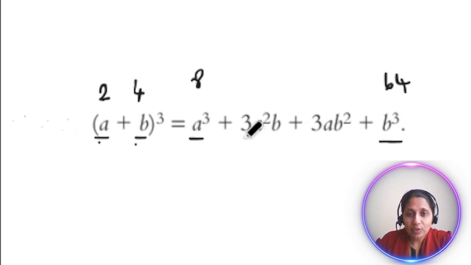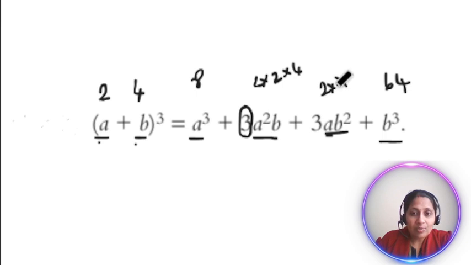Then you have to do, I'll tell you what we need to do here. Now 3a square b, which is nothing but 2 times 2 times 4, and 3ab square, which is 2 times 4 times 4. That is what we did in your step number 2, right? And then we have to multiply it with 3. Instead of doing it, what we did, we doubled it.